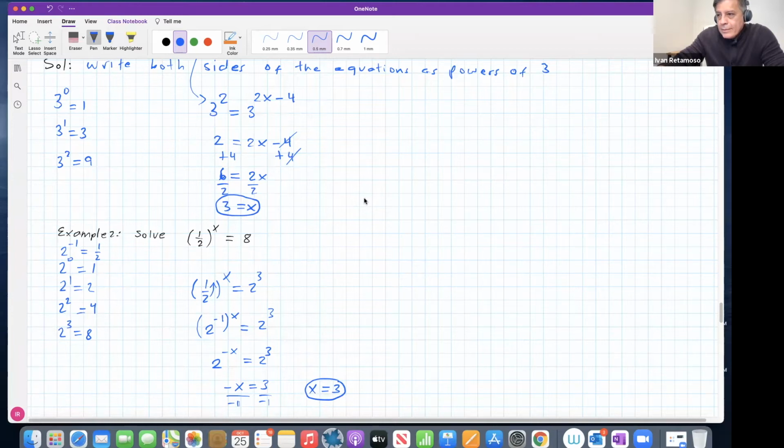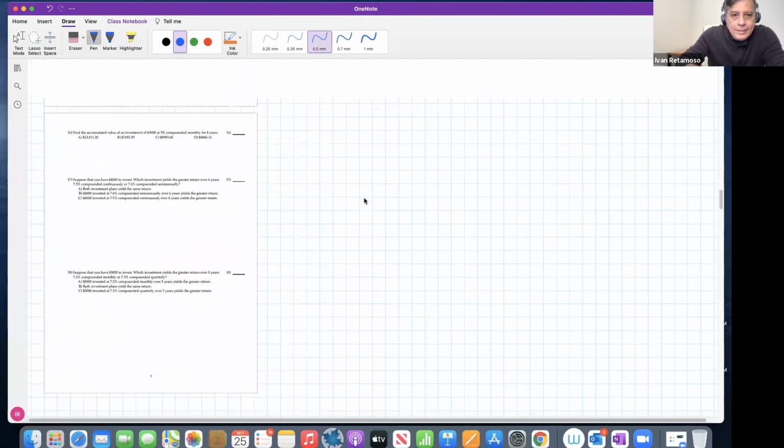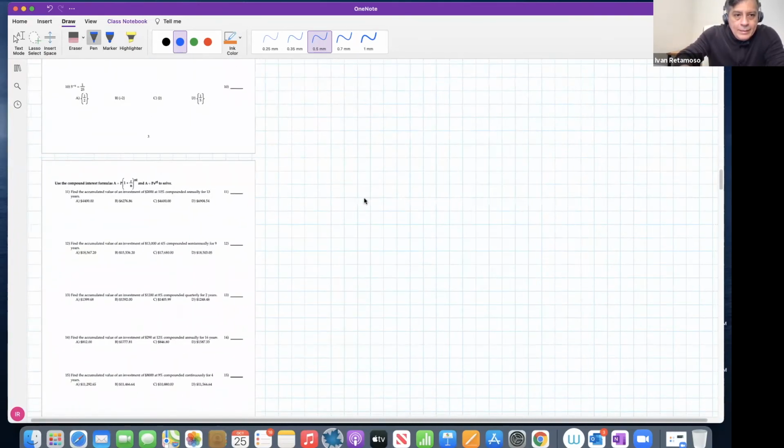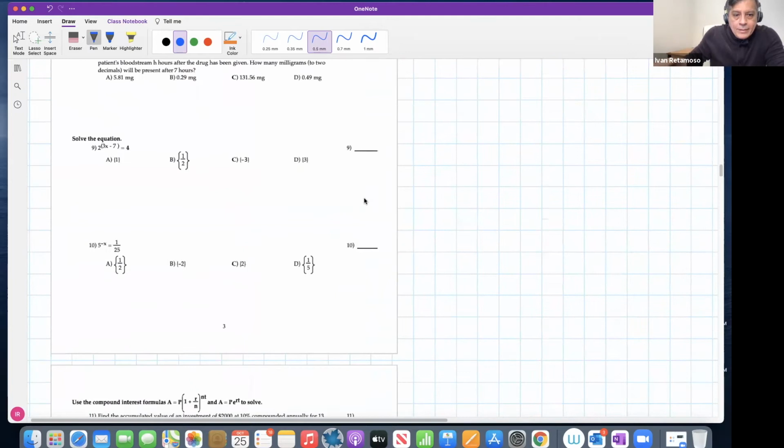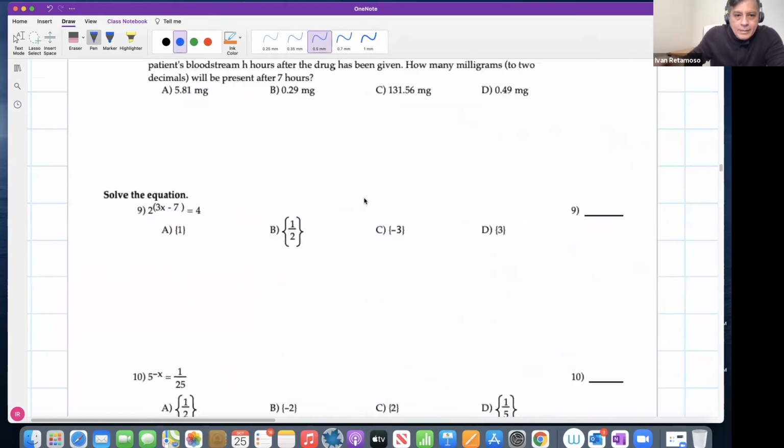Why don't you try number 9 on the worksheet? Let's see, number 9 here. Can you try this? Let me make it very big. Everybody sees it? Yeah, this one. Do this. 2 raised to 3x minus 7 equal 4. Solve, right? Solve.